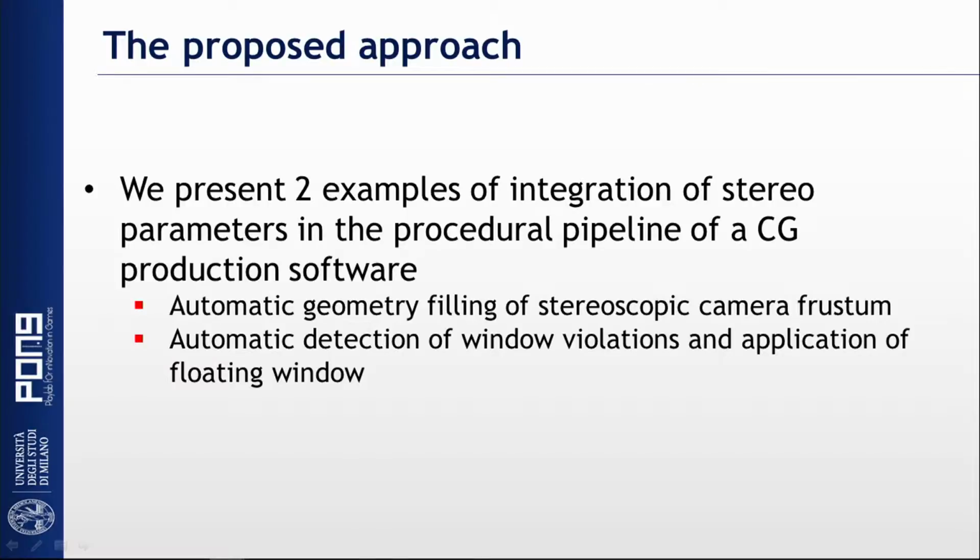I present two simple examples of integration of stereoscopic parameters in a procedural pipeline of a computer graphics production software. The first is very simple: the automatic geometry filling of the stereoscopic camera frustum. And the second one is the automatic detection of window violations and the application of the floating window.